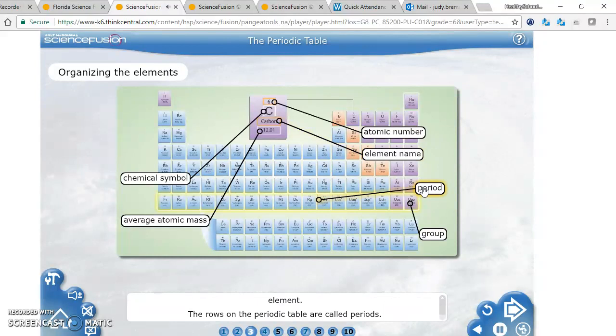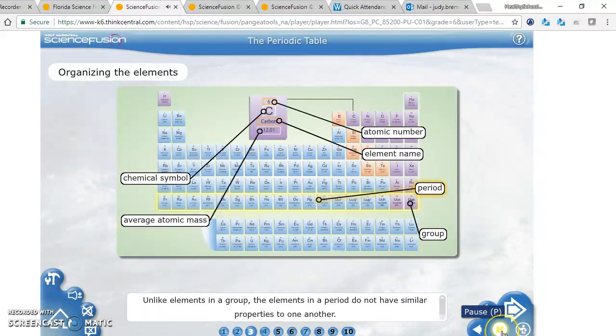The rows on the periodic table are called periods. Like the elements in a group, each period can be referenced by a number. Unlike the elements in a group, the elements in a period do not have similar properties to one another. They have properties that vary, often in regular ways, as you move from the left to the right.